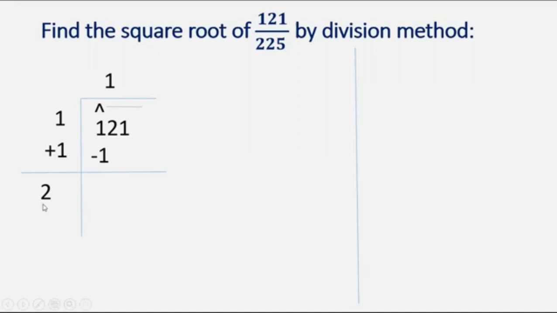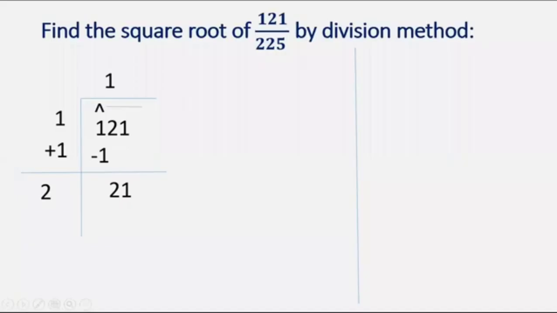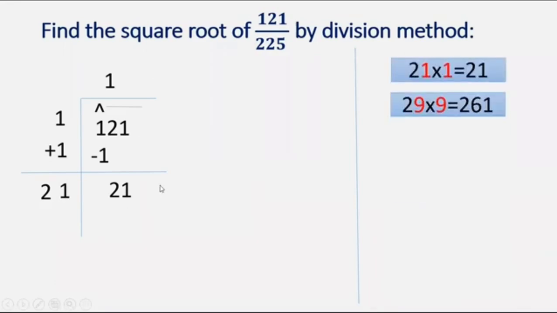Now I want here with 2 a number which is going to be multiplied with the same number to get 21. So let's see. 21 ones are 21 and 29 nines are 261.